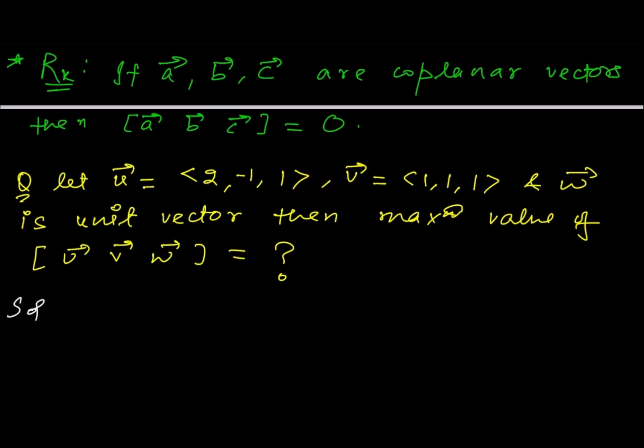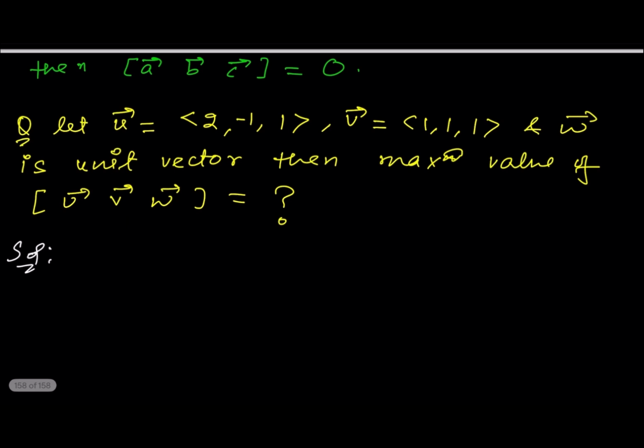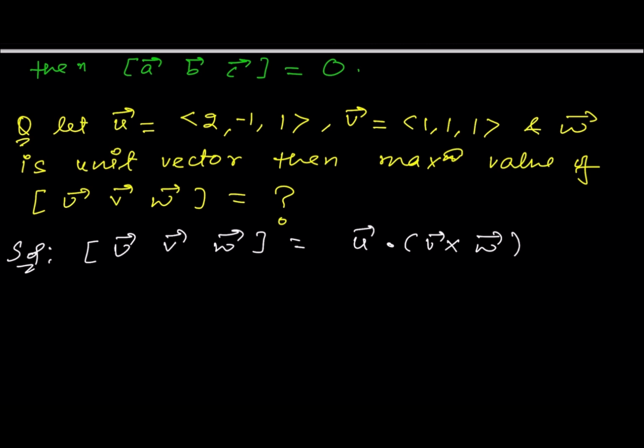So students, the question is asking what is the maximum value of box U V W. If I expand box U V W, it will be U dot V cross W. We have U, we have V, but we don't have W. But it is given that W vector is a unit vector.